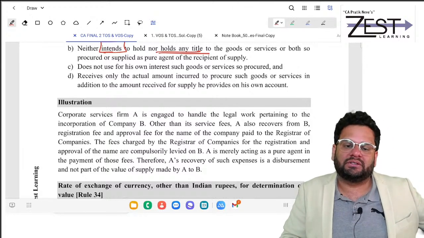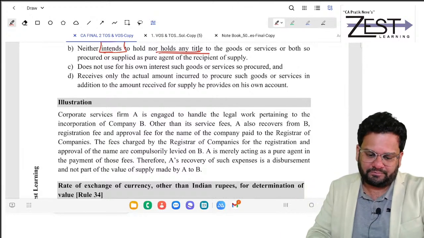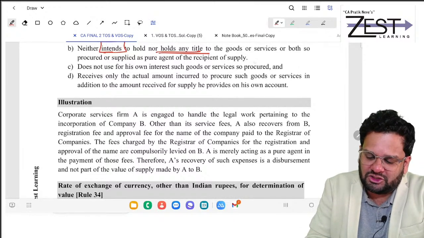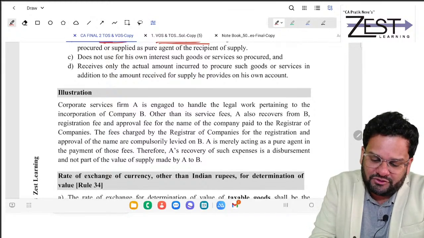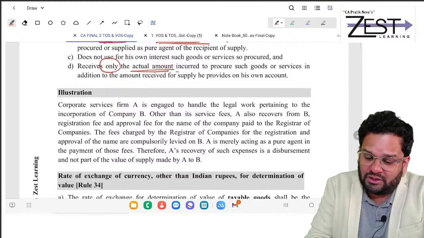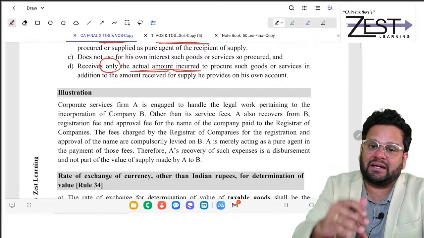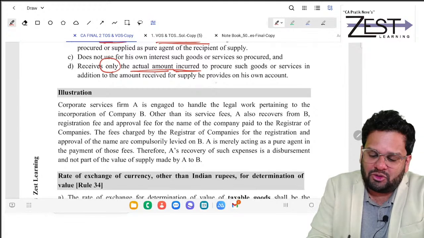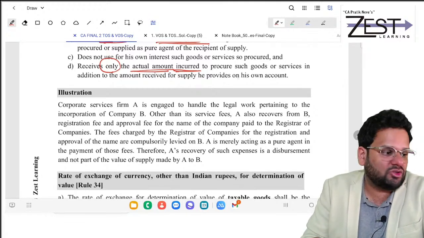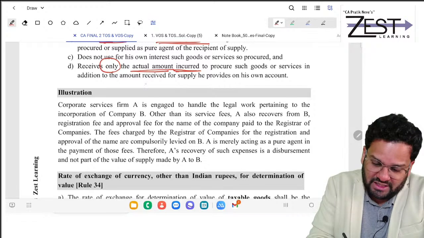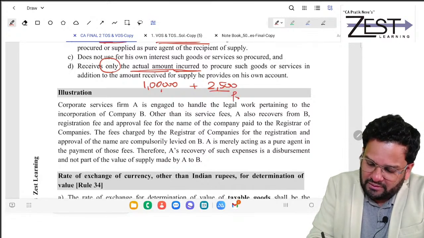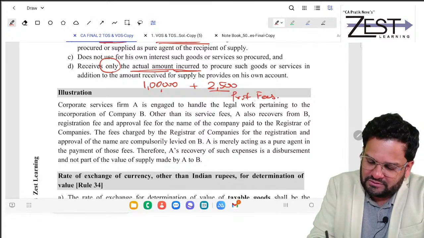On behalf of recipient of supply. He does not use for his own interest such goods or services so procured, and he receives only the actual amount incurred. I have exactly received that 1 lakh, in addition to, of course, the amount received for supply he provides on his own account. Means yes, I received that 1 lakh rupees plus 2500 my professional fees.